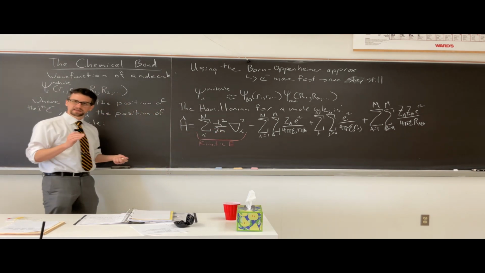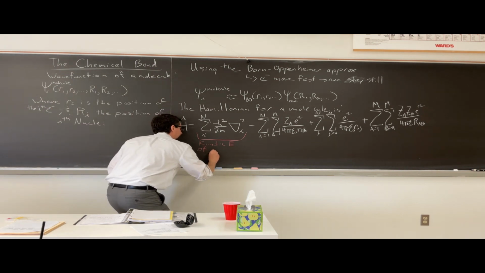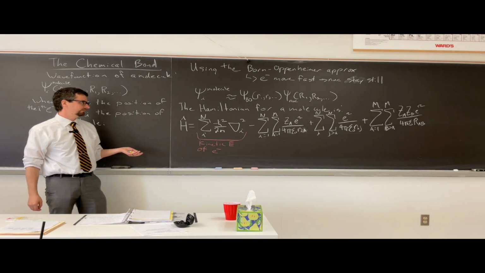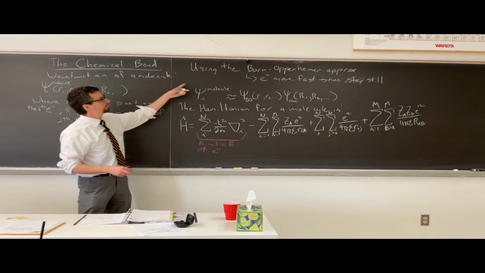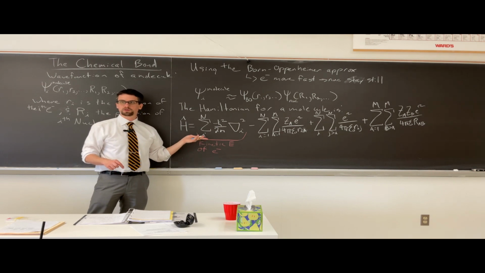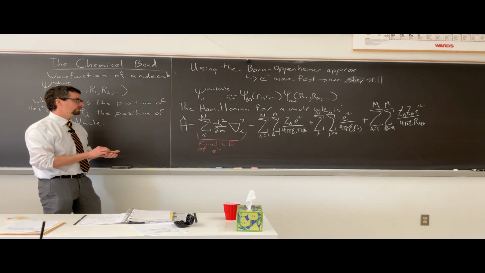Okay, what's this the kinetic energy of? Yes. Why electrons, Lily? Yeah, we're not moving. Thanks to the Born-Oppenheimer approximation, we said the kinetic energy of the nuclei is equal to 0. Okay, what else do we got?